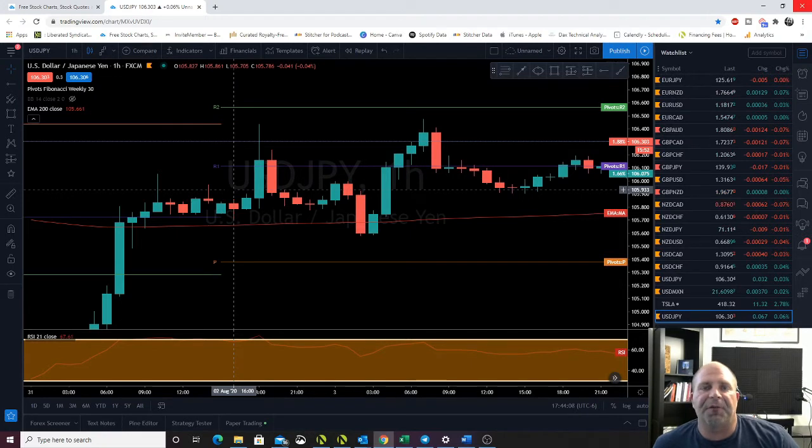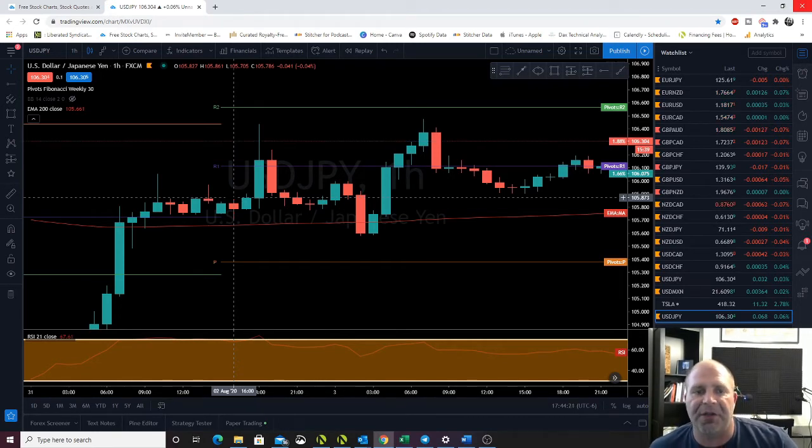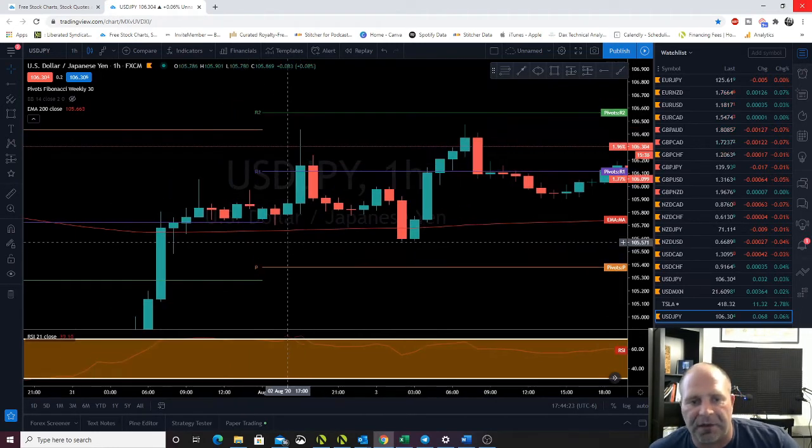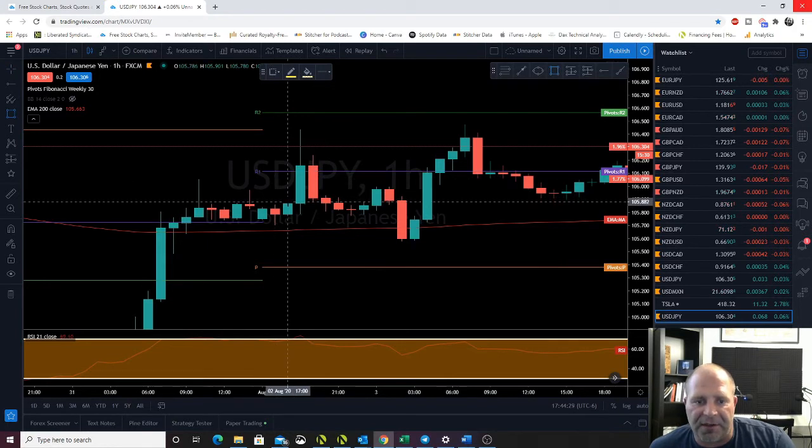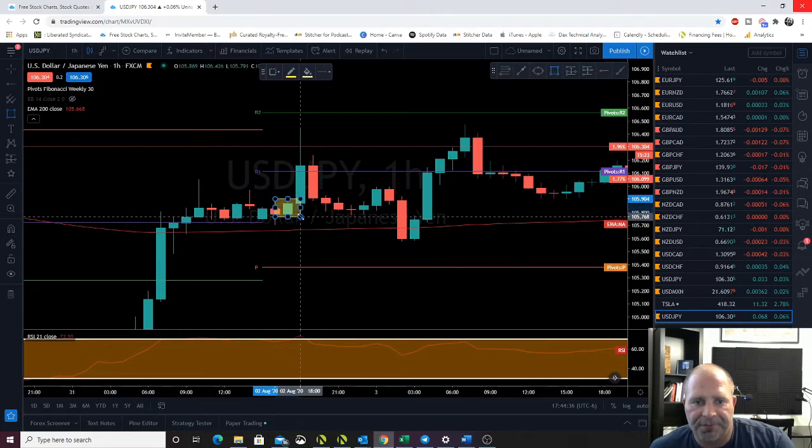So if you get home from work, you get your kids, dinner is getting made, you've got a quick window between 5 and 6 p.m. Mountain Standard Time, so you convert to whatever time you're at, you can quickly look at the chart. And what we're looking for here is this candle, 1700 to 1800. We're looking at the high and the low of that candle, just for reference here.